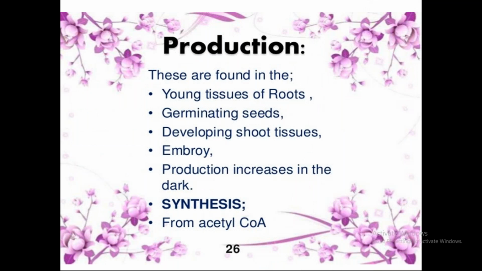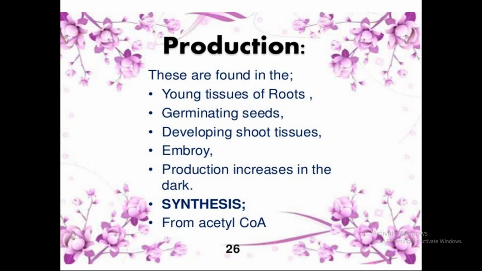It is a tetracyclic diterpenoid acid which is synthesized by the terpenoid pathway. Keep in mind that the synthesis of gibberellin occurs from the terpenoid pathway, and it is synthesized in the plastids as well as in the endoplasmic reticulum and cytosol, and after reaching the cytosol they get activated.